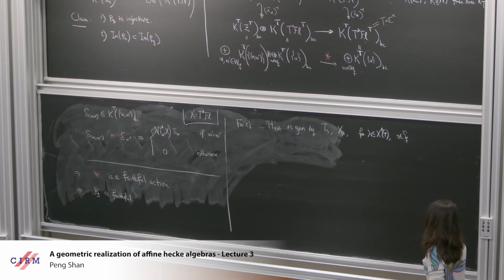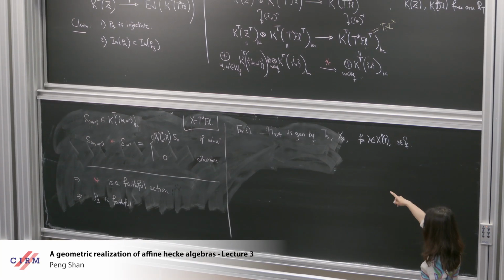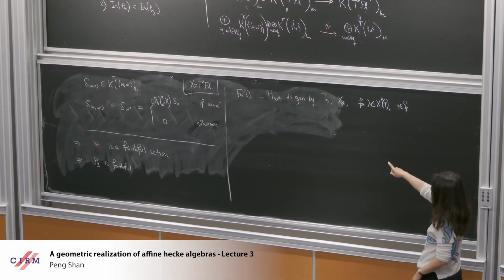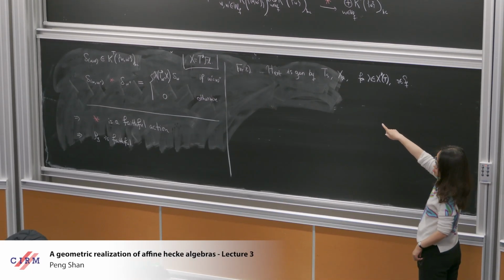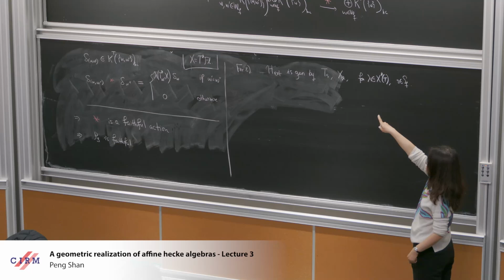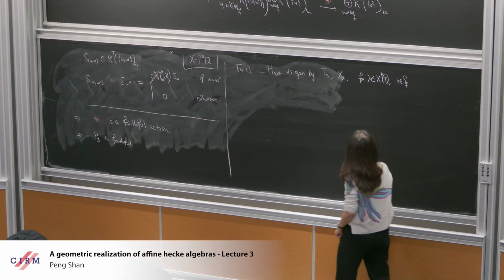So it's enough to show that the image of these generators belongs to the image of rho G, because all the maps there are algebra homomorphisms.